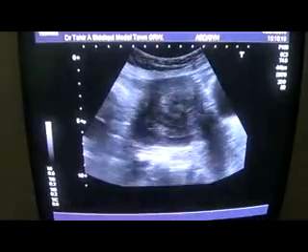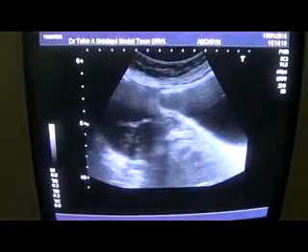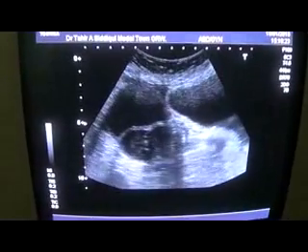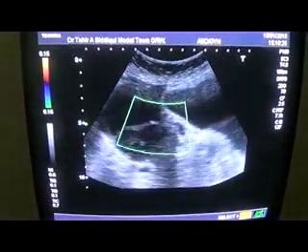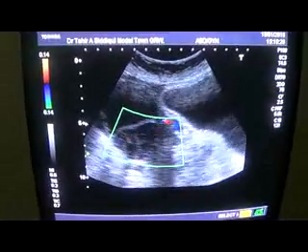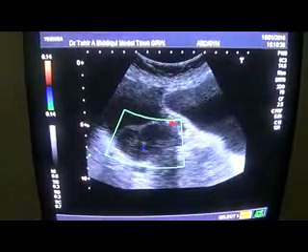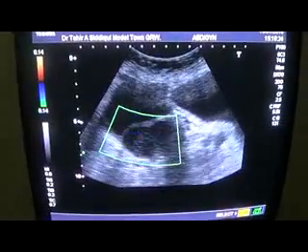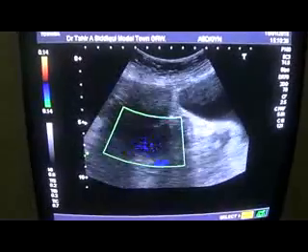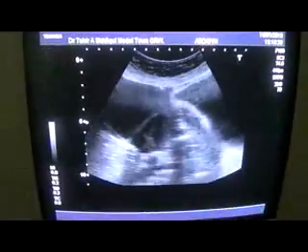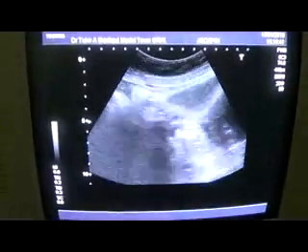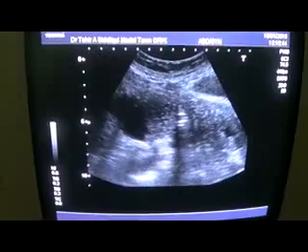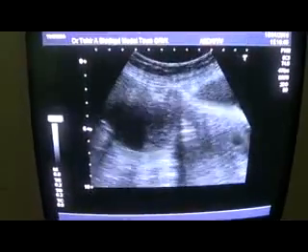Now when I move the probe towards the right adnexa, here we see a cystic area, with this being the dependent region pocket of the cyst, and this cyst is multiseptated with echoes.